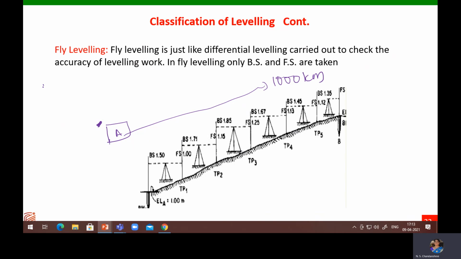As discussed earlier, if we have a railway station somewhere near, let us say at a distance of 10 kilometers, then from this railway station to this point we can fly the leveling. Transferring the level from this point to this point is fly leveling. Here also we don't have to bother about intermediate sights, we just have to carry the level, so we only note down the backsight and the foresight readings.